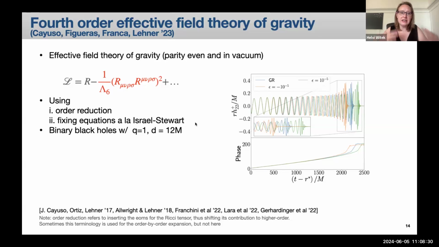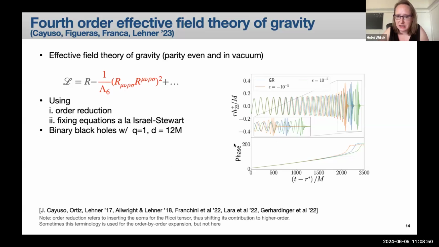And again, the proof of principle simulations that they did were binaries with an equal mass, separation of 12M. And here on the right-hand side, you see an example of the simulations plotting the quadrupole gravitational wave mode, again, the strain as a function of time.